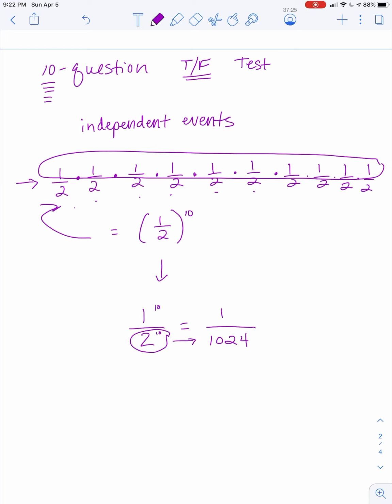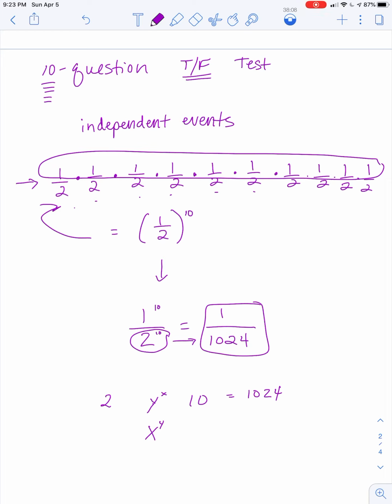For this part, you would need to key in a 2, and then look for the key that says something like Y to the X, or it might be X to the Y. So they're letting you fill in an exponent that you want to use there. So hit 2, find that key that's got 2 variables for your base number and for your exponent, and then put in 10 equals, and it should give you 1024. Okay, so that would be the answer to that.